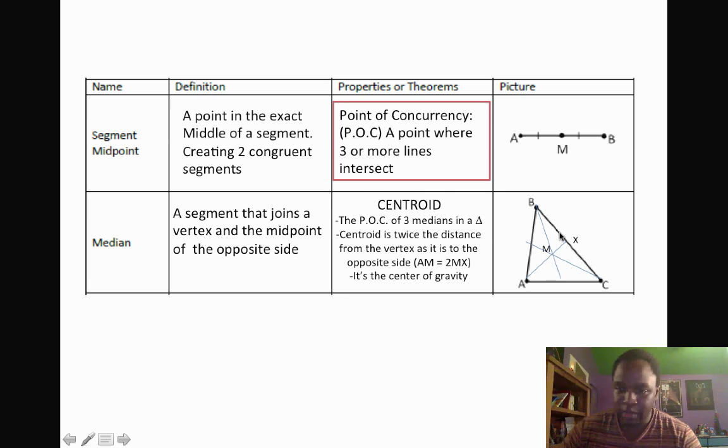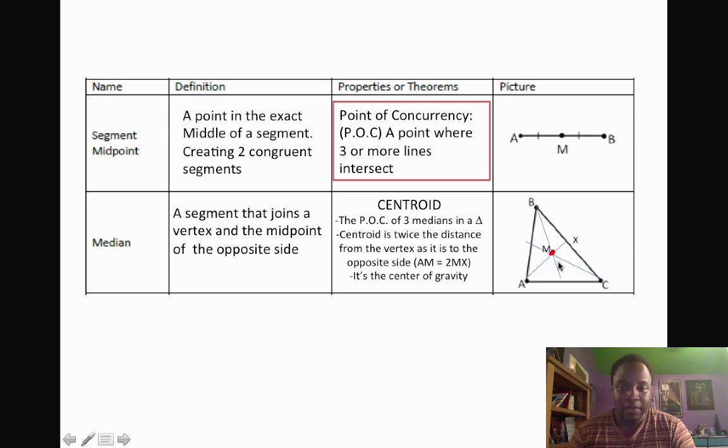So point M is the centroid. And the centroid is twice the distance from the vertex as it is from the opposite side. So in this case, the length of AM is going to equal twice the length of MX.